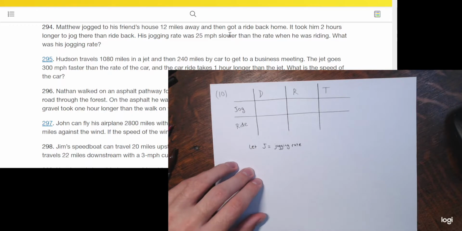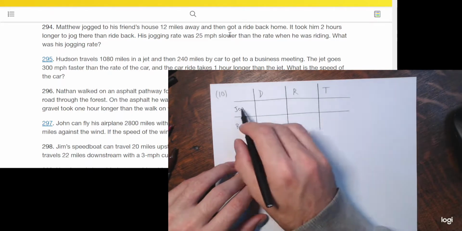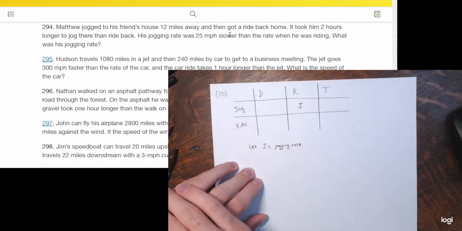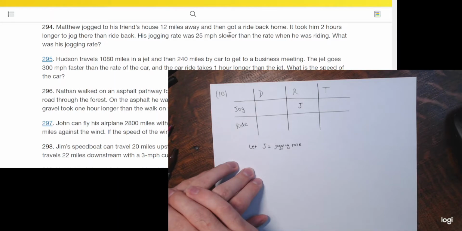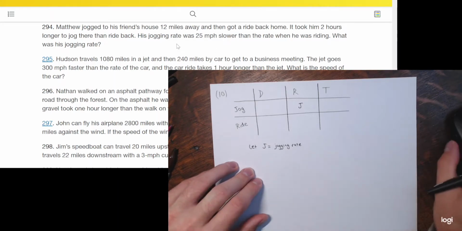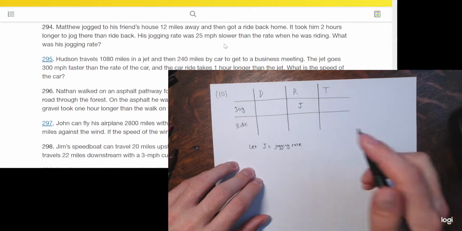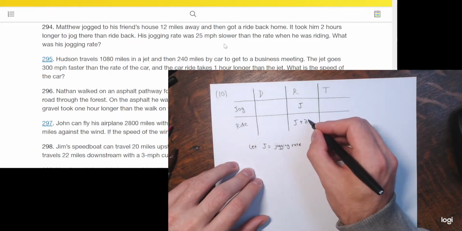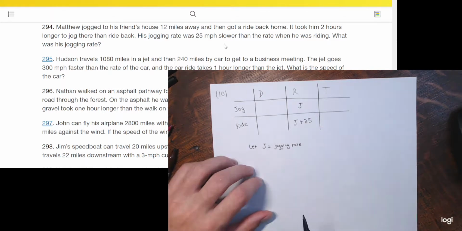What was his jogging rate? So I'm going to put that in the jogging row here under the rate column, J, and they said the car was 25 miles an hour faster. They said he was jogging at 25 miles an hour slower, meaning the ride in the car was 25 faster. So the rate in the car would be the jogging rate plus 25.